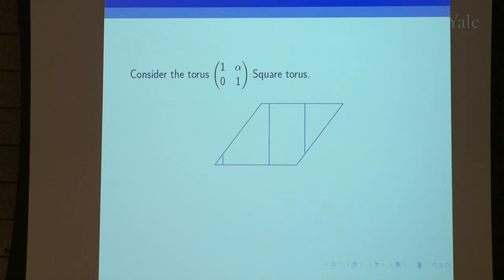This is called the first return map for obvious reasons, which are that you start on a point in a set, and then you just map it to where it first returns to that set. Okay? And so if you look at that, that's going to give you rotation by minus alpha, okay? Where the alpha here is the same as the alpha on top. Okay? So this is a way that rotations show up.